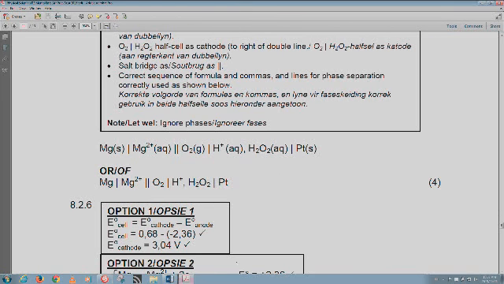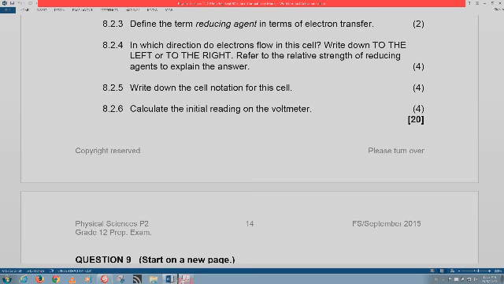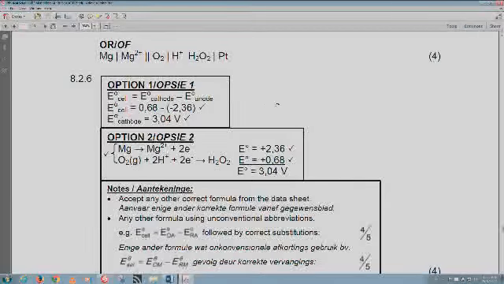And then 8.2.6, calculate the initial reading on the voltmeter for 4 marks. The 1st mark will always go to the formula. Please include the ticks that are missing there. For EMF of the cell equals E cathode minus E anode, there's 1 mark for the formula, or any of the correct formulae that are given in the question paper for the learner.